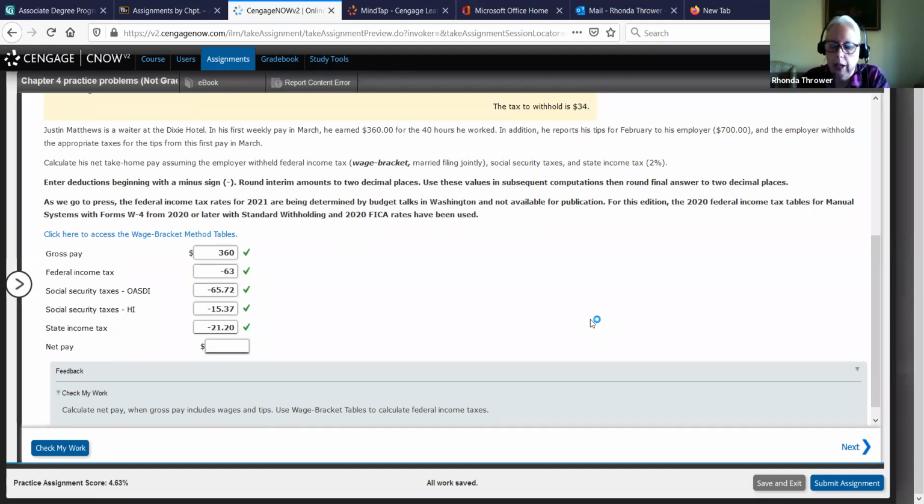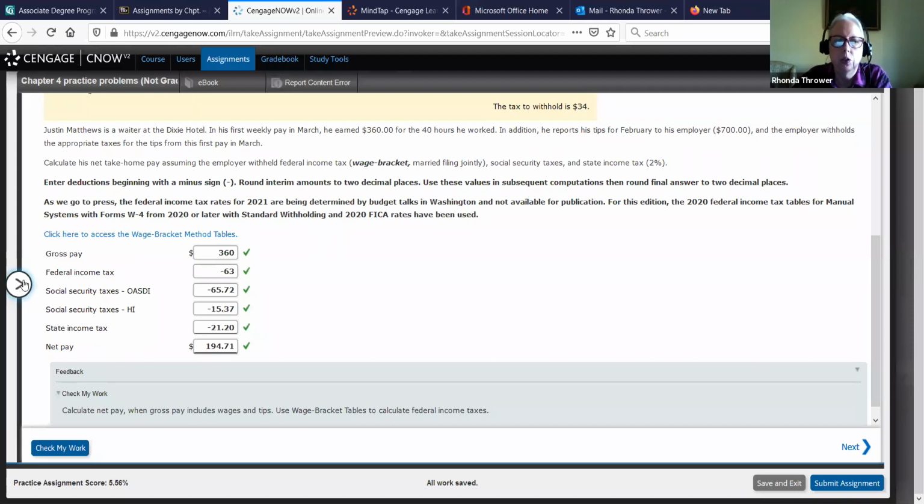And then you're going to back out again your state income tax of $21.20. And that leaves you with a total amount that you're going to pay this employee of $194.71. Let's see if I got my math right. I did. So that's all you have to do with this particular problem.